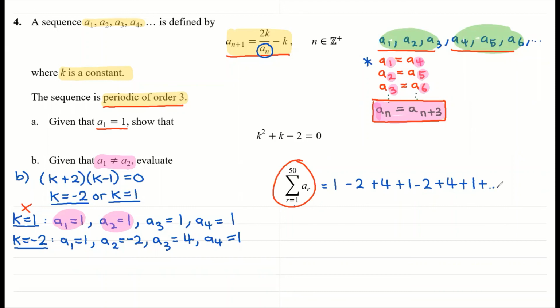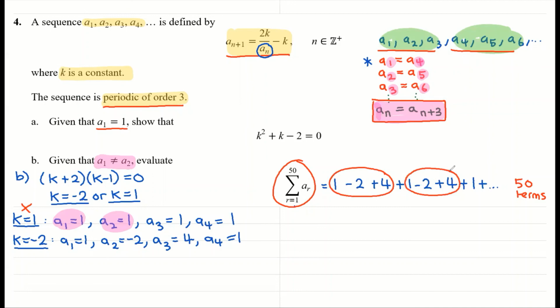Okay, and we're summing over 50 terms. So let's think of a strategy to do this. Okay, we have a periodic of order 3. That means it's repeating every 3 terms. So I can group these into groups of 3 like so.